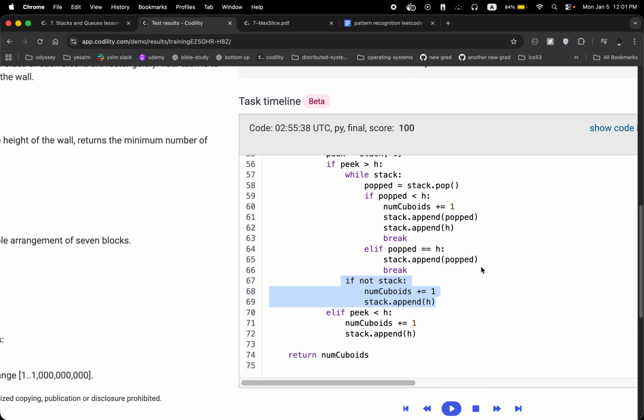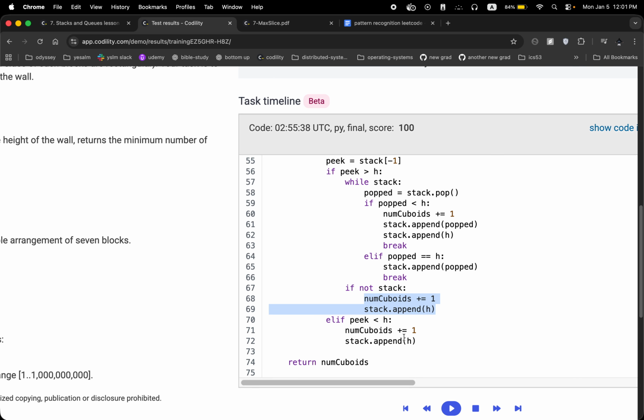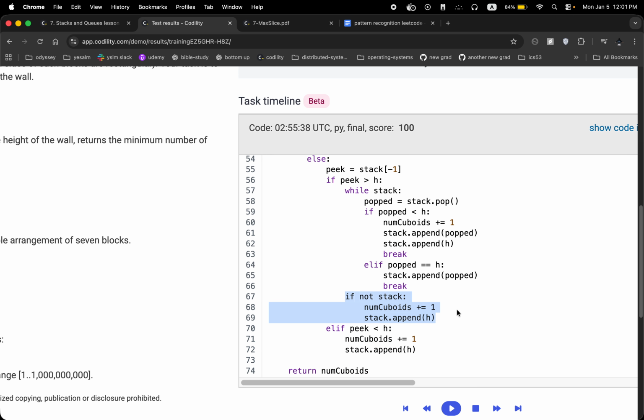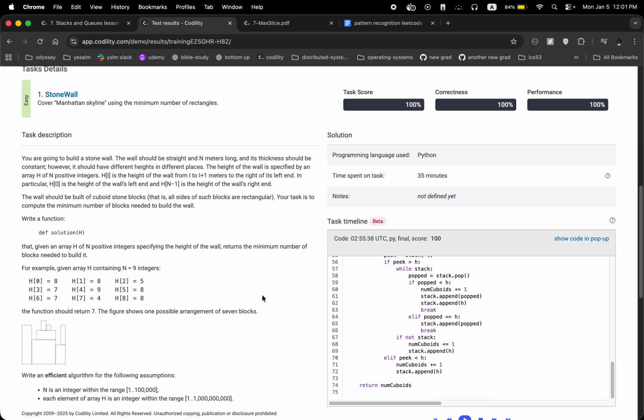This one's good too. If the stack is empty, we have to append and increment the cuboids. Luckily I had a test case where this was important, but I can see a case where I would have missed that. I got very lucky because I had a case where all of the existing ones, like 8-8, would have been popped because of 5.